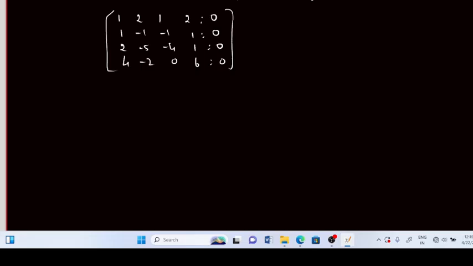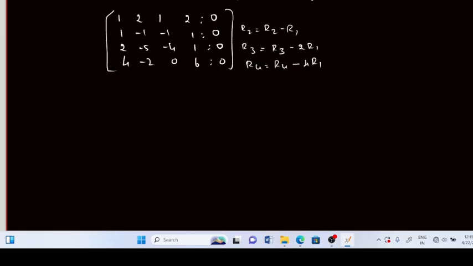Here we write R2 minus R1, R3 as R3 minus 2 times R1, and R4 as R4 minus 4 times R1.